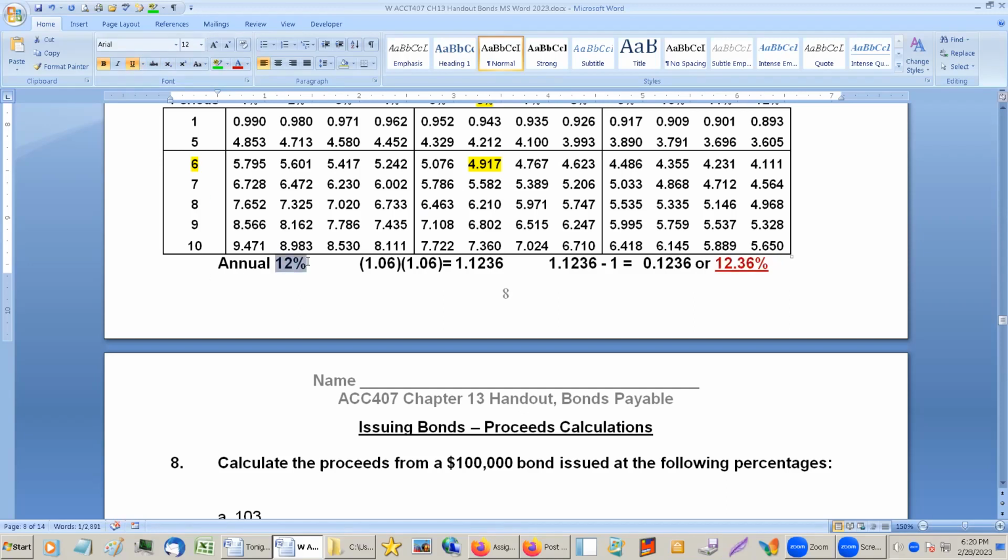So if it's annual, it's just whatever it is. If it's semi-annual, it's actually a little bit more than 12%.